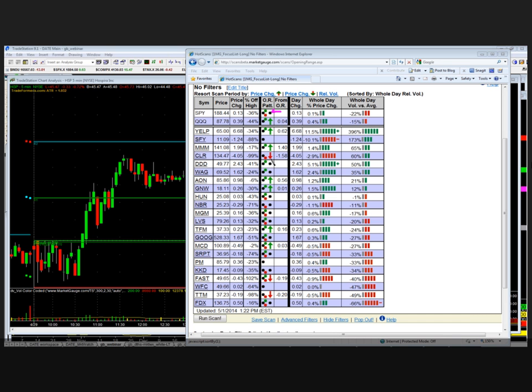And if I have a red arrow, like we do here with CLR, it means I'm below the opening range. Now, if we have a situation like SFY here, where I never leave the opening range, I don't have a green dot or a red dot, I'm still in it. I don't have two black dots, I just have one black dot, which means I've never left the opening range.